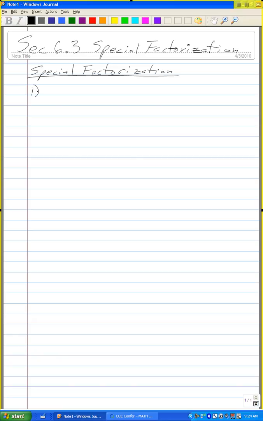First, difference of squares, which is the product of the sum and difference of two terms. So a squared minus b squared is a minus b times a plus b.